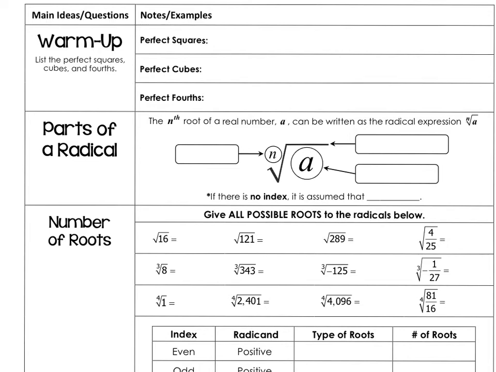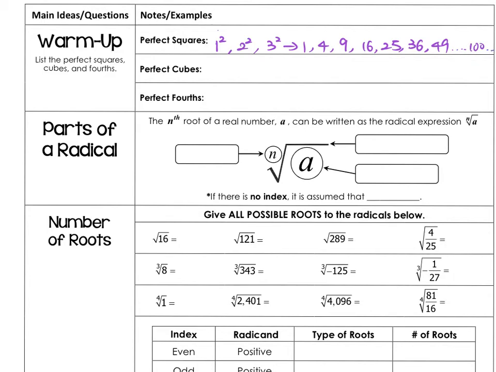Okay? So perfect squares, what are perfect squares? Perfect squares are 1 squared, 2 squared, 3 squared, which is 1, 4, 9, 16, 25, 36, 49, and so on and so forth, right? Maybe 100 and more.